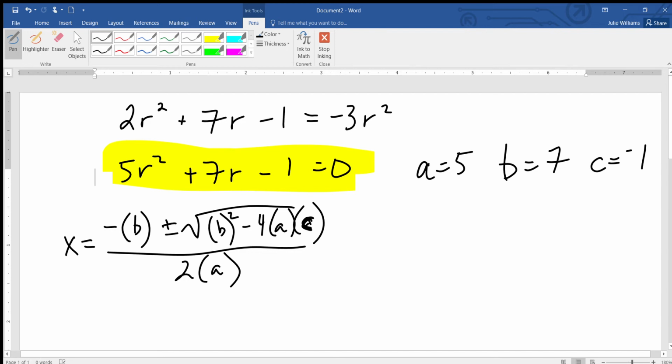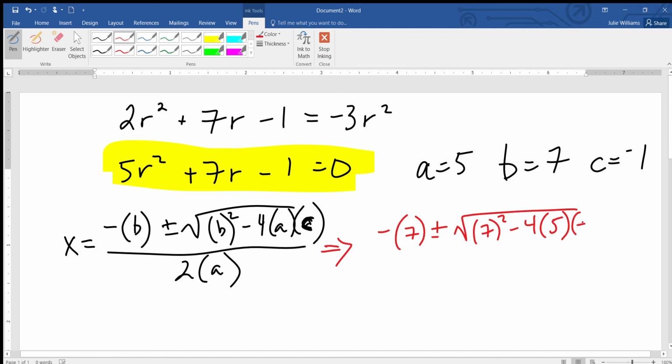My first step I'm going to put in red. Actually, I'm not even simplifying. All I'm doing now is the substitution portion of it. So x is going to be equal to negative parentheses 7 plus or minus the square root of 7 squared minus 4 times 5 times negative 1, that plays a huge role here, over 2 times 5.